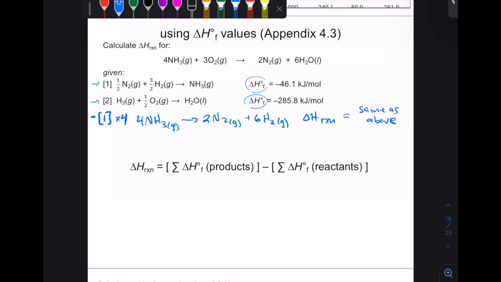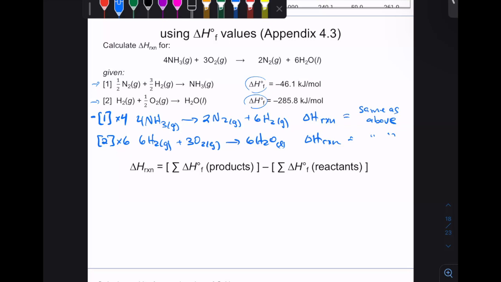Reaction 2, we're going to now multiply it by what? By 6. That's going to give us 6 H2 gas plus 3 O2 gas goes to 6 H2O liquid. Okay. We're doing the same thing. We're just now working with formation reactions specifically.